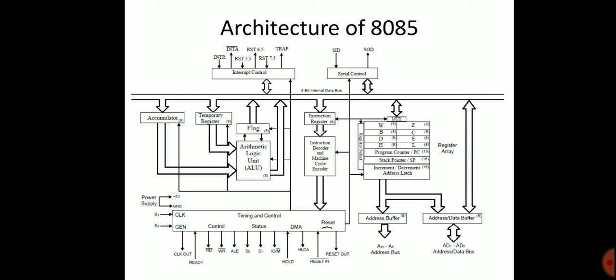It controls the interrupt activity of the 8085 microprocessor. The serial input and output control is serial in and serial out. The serial in is used to receive data serially. The serial out is used to send data serially.